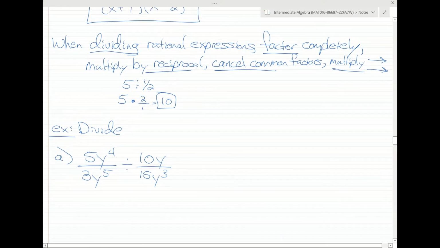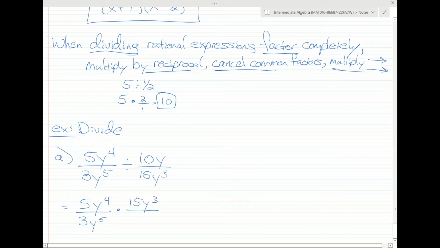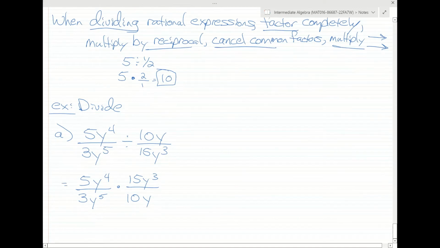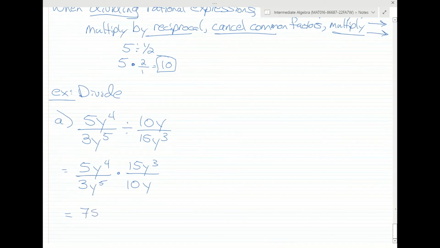So there's nothing to factor here. We could just go right into multiplying by the reciprocal. Five times 15 is 75, y to the 7th. And the bottom would be 30, y to the 6th.